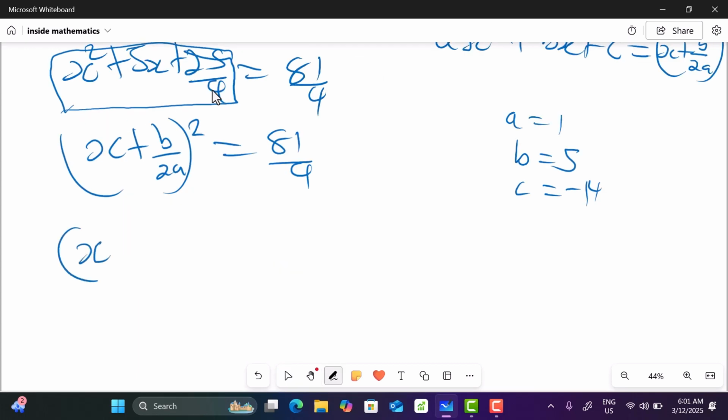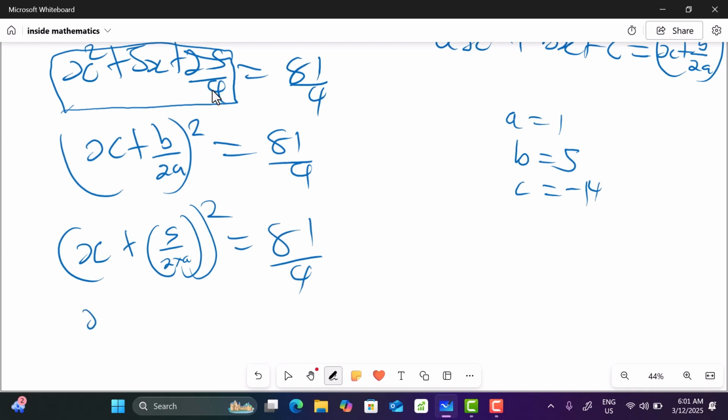With b being 5, we get (x plus 5 over 2) squared equals 81 over 4.